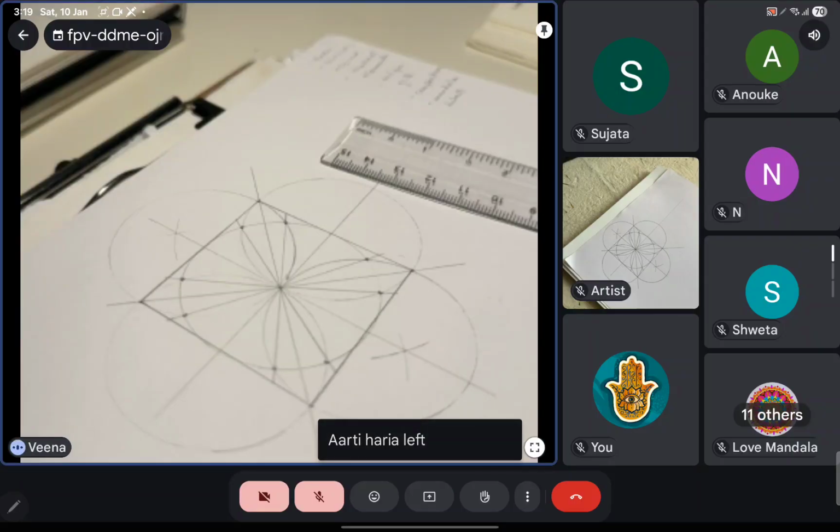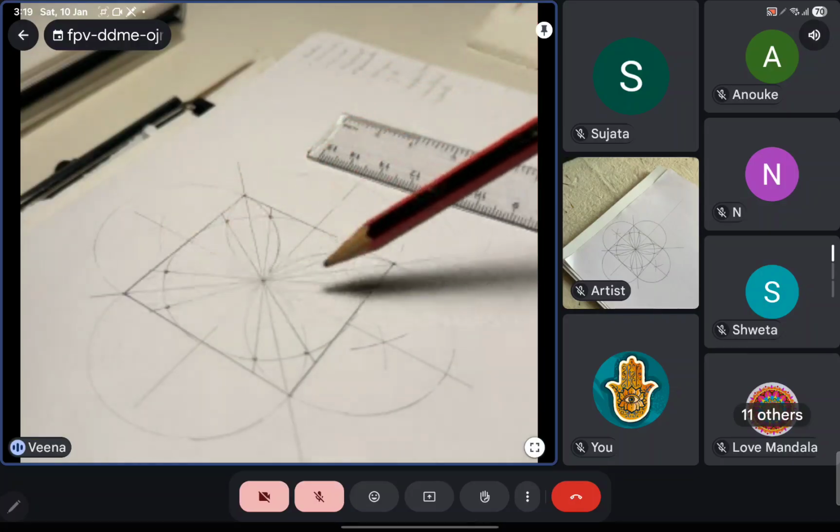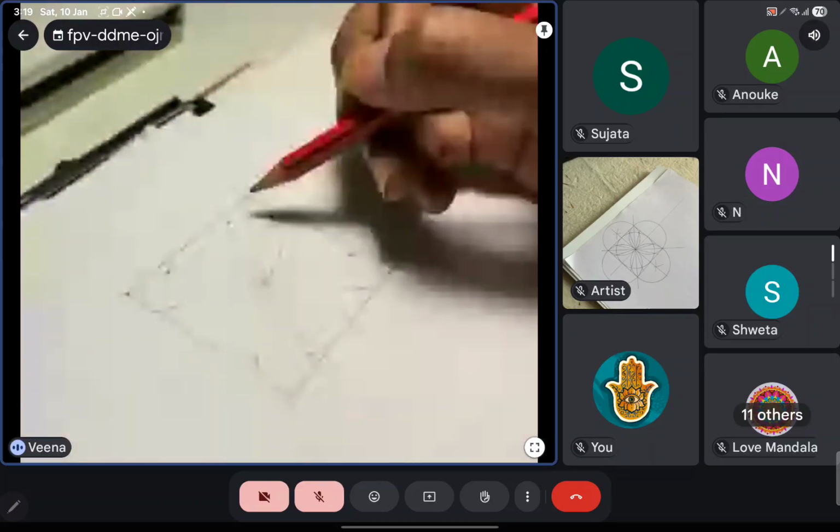Okay, now to understand what pattern we're doing today, we are going to again do the same process, but we're not going to divide this further. It's just going to be the same one, but we will avoid these last two divisions.